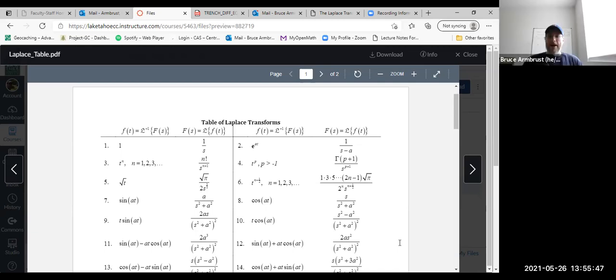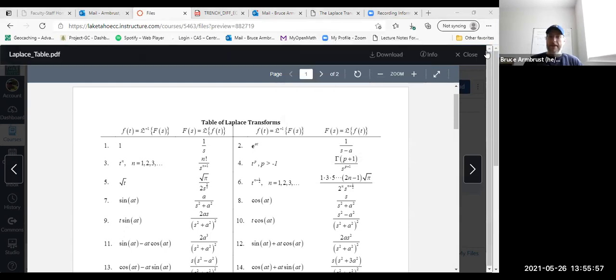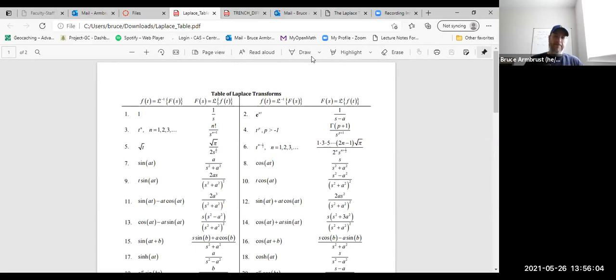All right, so here's what I'm going to do. I'm going to download this real quick, which I think is silly because I already have it on my computer, but it's faster for me just to download it. Then let me open it up, because now I can draw on it. Let's actually get a Laplace transform.